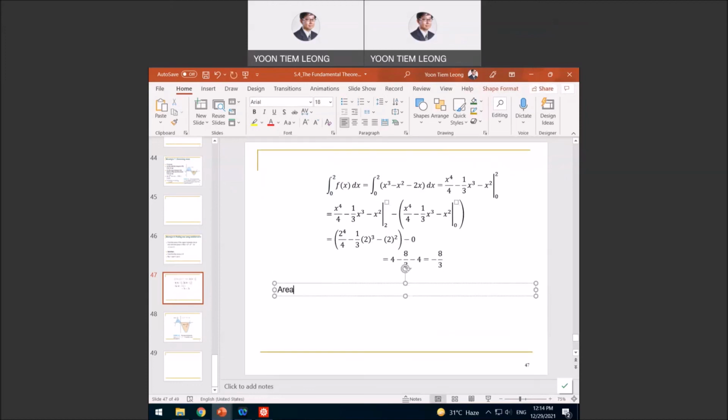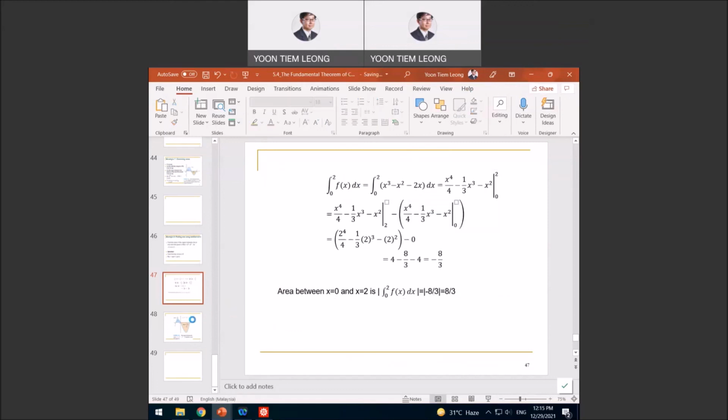So the area between x equals to 0 and x equals to 2 is the absolute value of the definite integration, which should be equals to the absolute value of minus 8 over 3, and it must be 8 over 3, right?